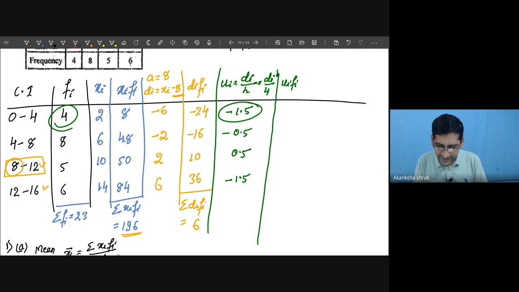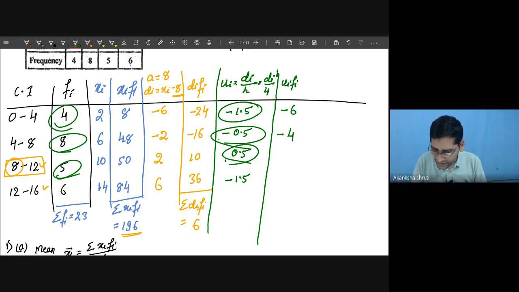So 1.5 into 4, how much is it? Yes, students? It is 1.5 into 4, minus 6. That we have to take. Now the next one is 0.5 into 8, which is negative 4. Next one is 0.5 into 5, 2.5.